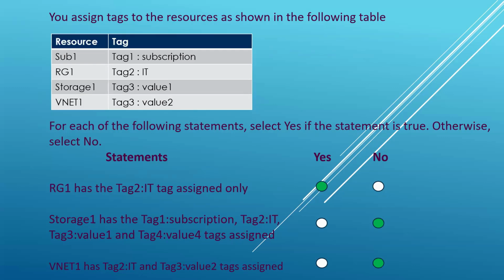But here in the statement, they have a different tag coming, and that was not a tag defined in the policy. Rather, it was a tag at a resource group level. And as my last statement, the tags are not inherited. So VNet1 will still have just one tag, which is tag3 with the value 2.